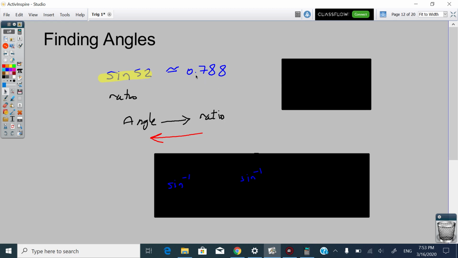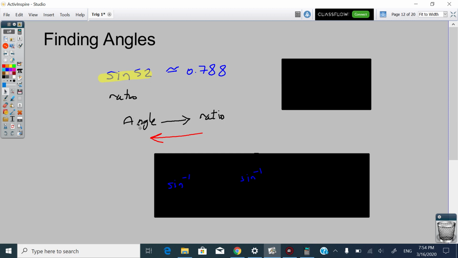So if you consider the 0.788, it's as if the opposite is 0.788 centimeters and the hypotenuse is 1 centimeter, or alternatively that the opposite is 78.8 centimeters and the hypotenuse is 100 centimeters, or anything like that.